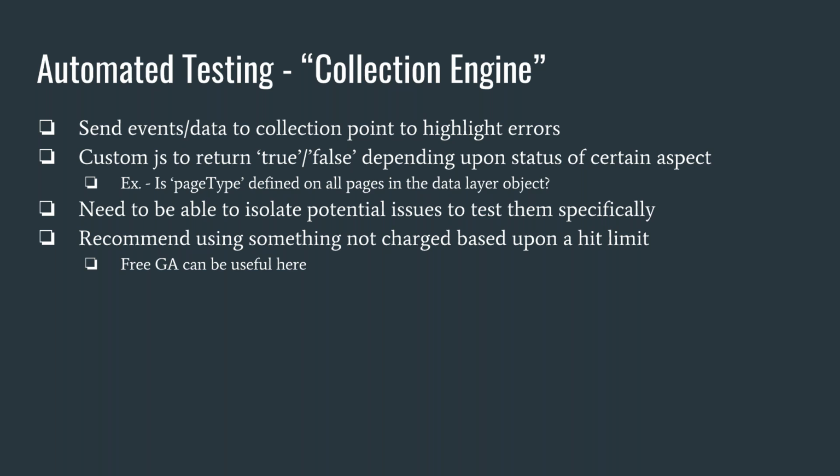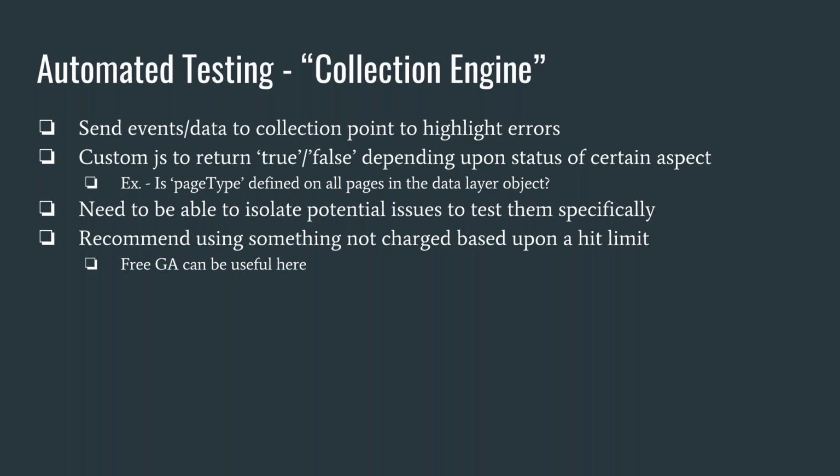So you might have a particular variable pointed to a certain page attribute. So is page type defined on all pages in my data layer object? I can then do custom JavaScript to see, is it defined? Yes, no. And then return the value of that.